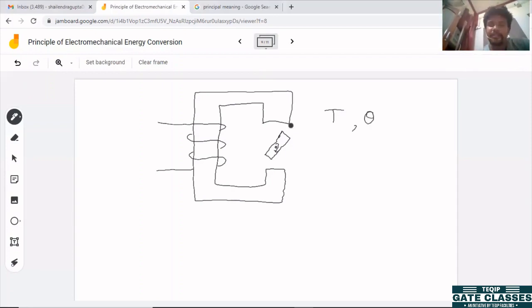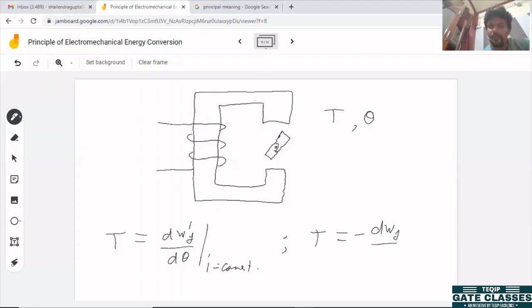So we can write the same equations as T is equal to dWf dash upon d theta, where i is constant, and the same T can be taken as minus dWf upon d theta, where lambda is constant.